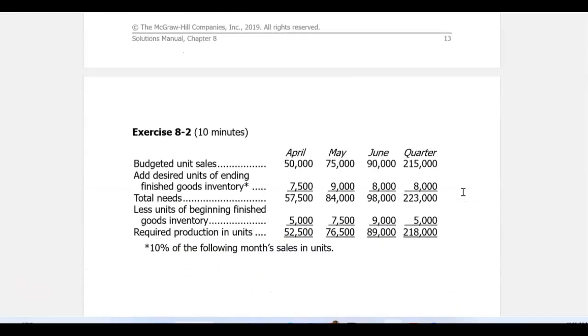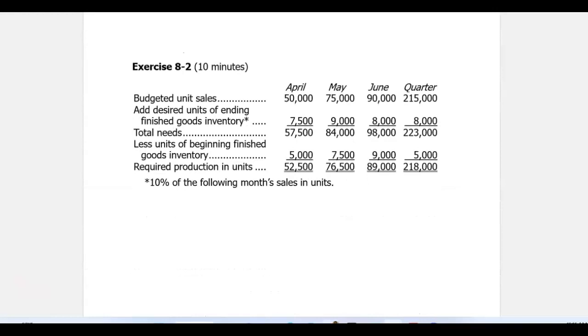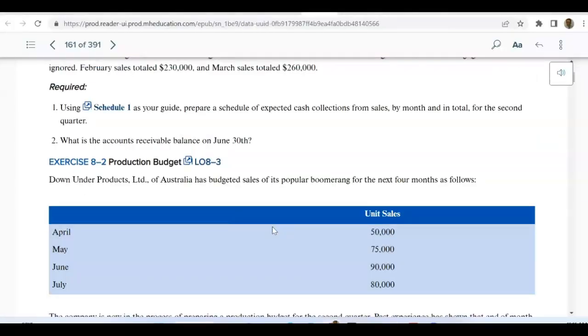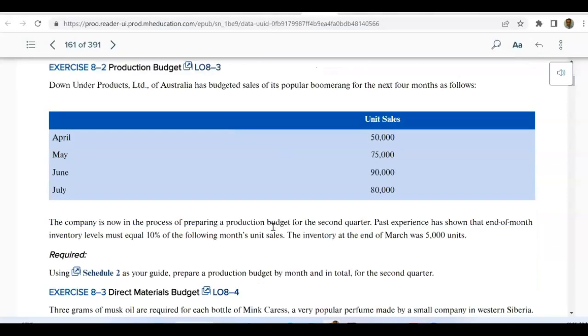Okay. Let's do number 2. In homework problem number 2, which is exercise 2, you will have a company that has budgeted sales of its popular boomerang for the next 4 months as follows.